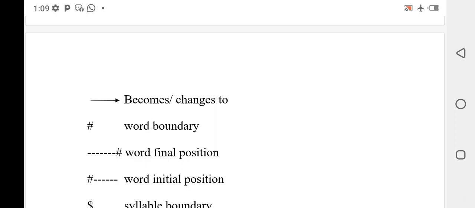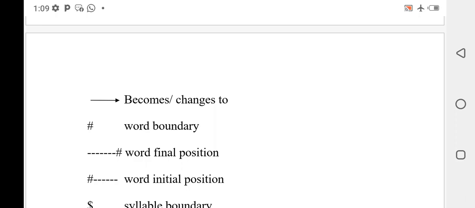Now when we have the hashtag, it suggests a word boundary. Okay, so it is a word boundary.